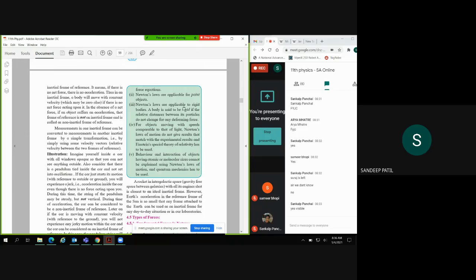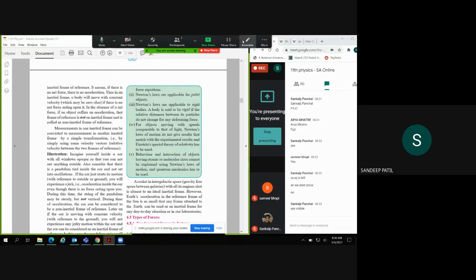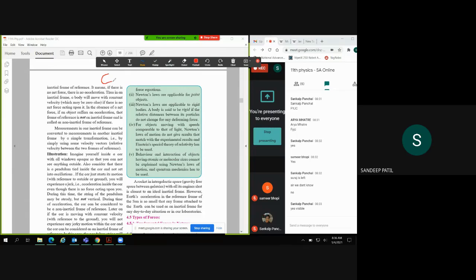Newton's law is applicable to rigid bodies. A body is said to be rigid if the relative distance between its particles does not change under any deforming force. So what does it mean by a rigid body? Whenever it is in motion, the body doesn't deform. You might have seen small rubber type balls which, when we throw them here and there, deform and change shape.